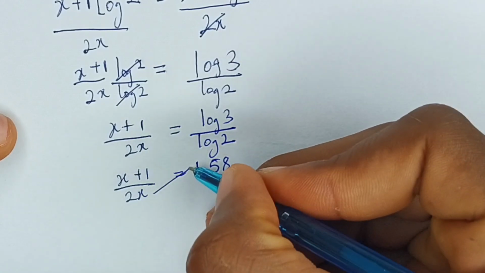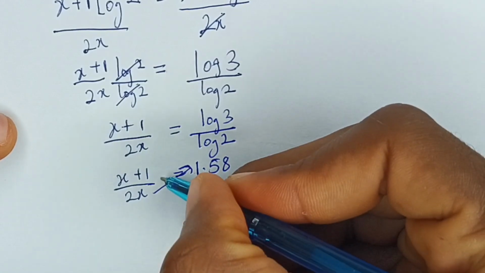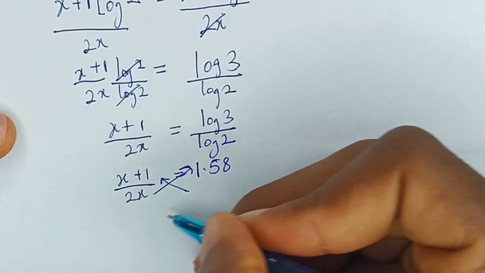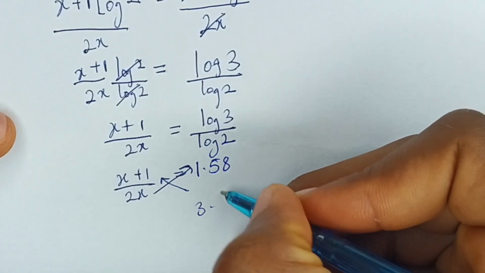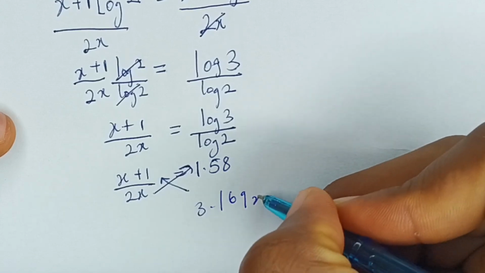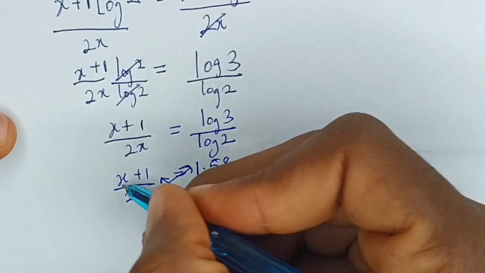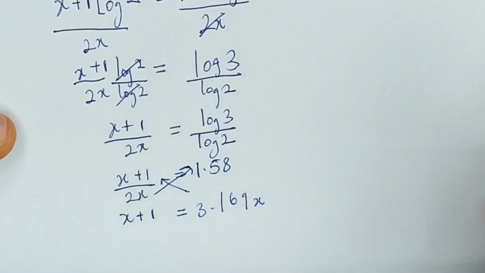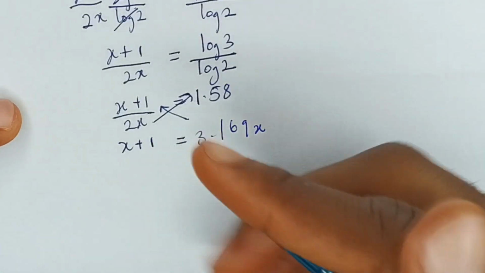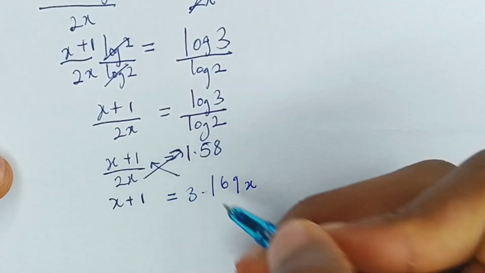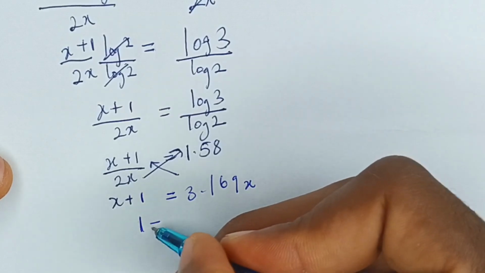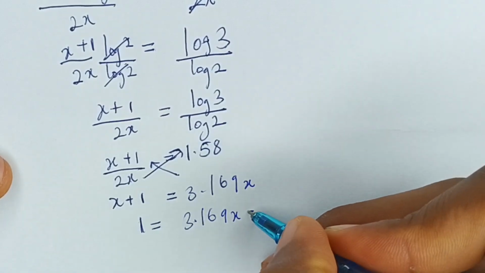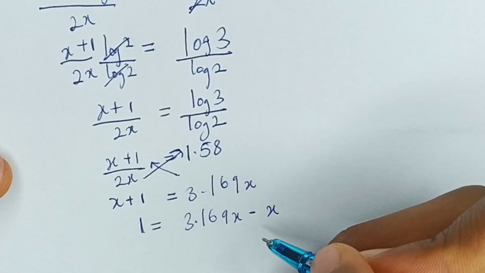Now, cross multiplying, we are going to have 2x times 1.58 is 3.169x on this side. What you have on this side is still x plus 1. Now, collecting like terms, I'm going to have that 1 is equal to 3.169x minus x.